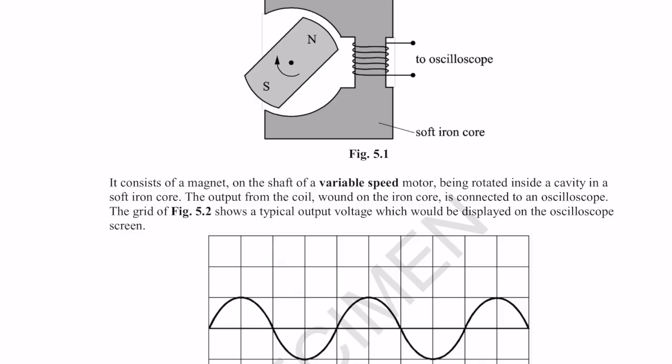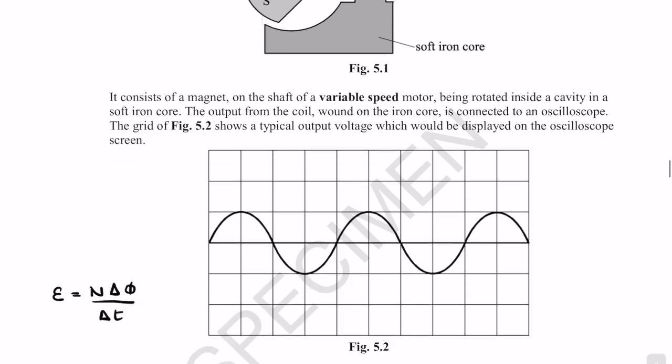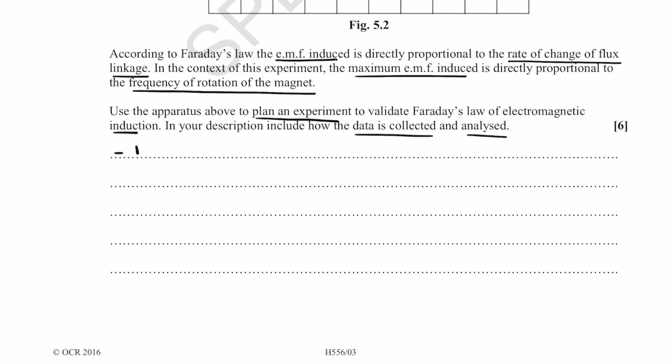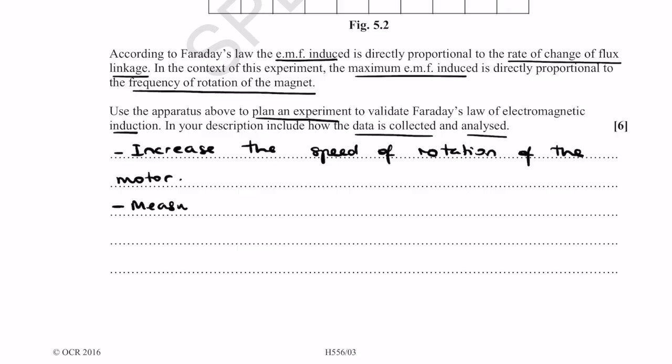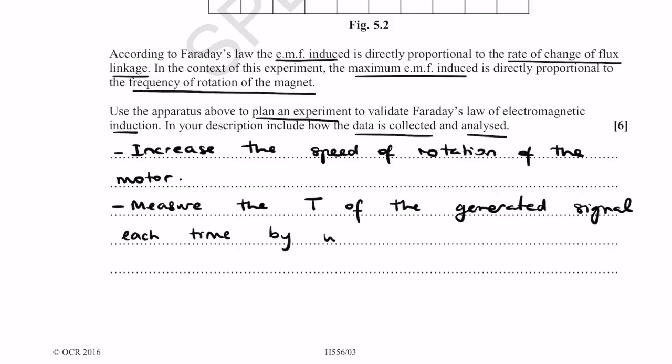And then plot a graph. So I'm going to start by saying to increase the speed of rotation of the motor. Then you're going to measure the time period of the generated signal each time by using the time division on the time axis on the oscilloscope for the peak to peak distance.